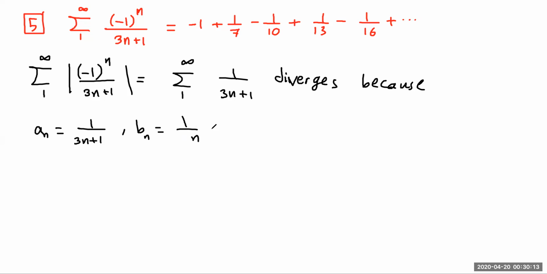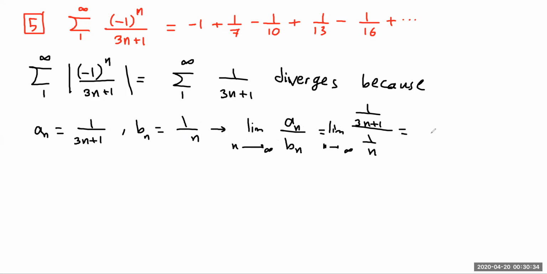So what is the limit of a_n over b_n? I have 1 over 3n+1 over 1 over n when n goes to infinity. So it's 1 over 3.